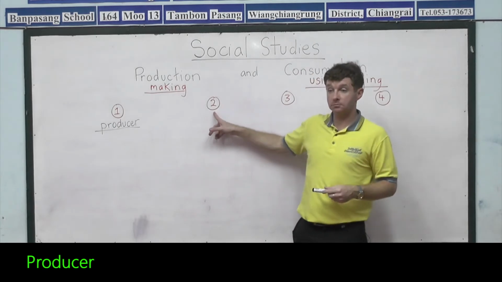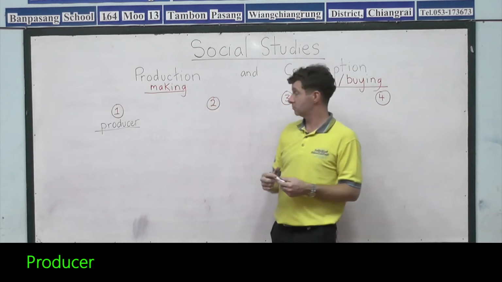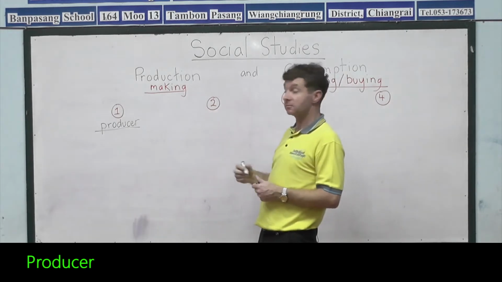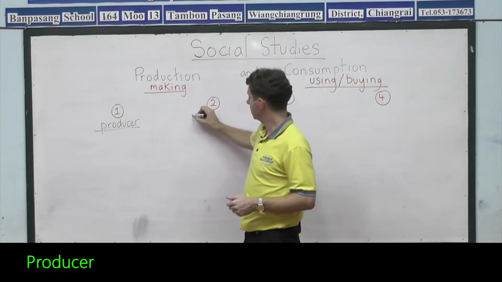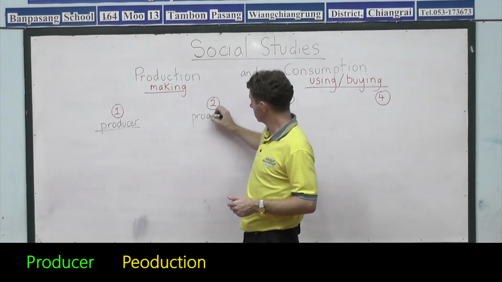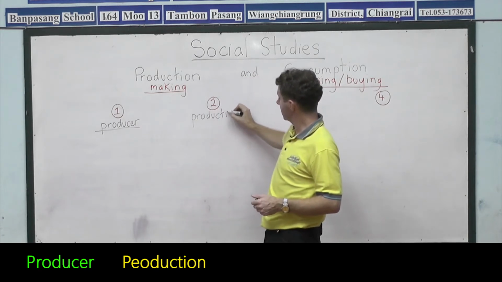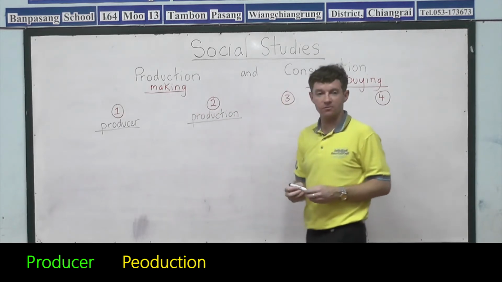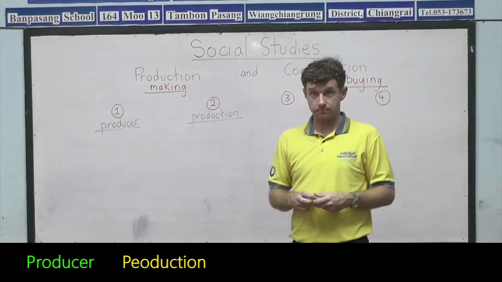Stage 2, production. How do we spell production? Production. Excellent. So stage 1, producer.